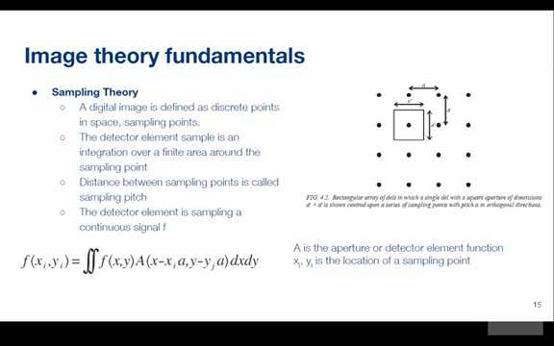And we have to remember the detector element, I think in this figure they call it DEL. This is sampling a continuous signal. So again, we can represent this mathematically as, in this case, we've got 2 dimensions, so it's a double integral. So we've got a digital representation of a continuous object, and then this is the sampling function.